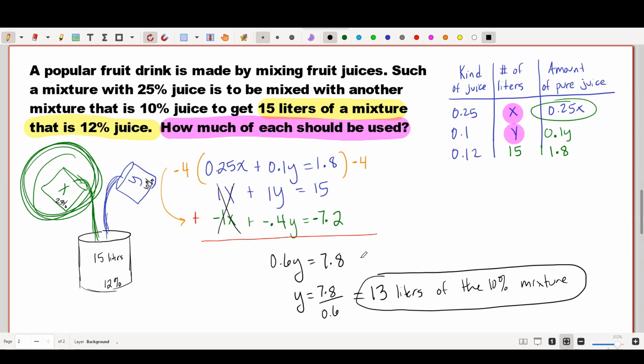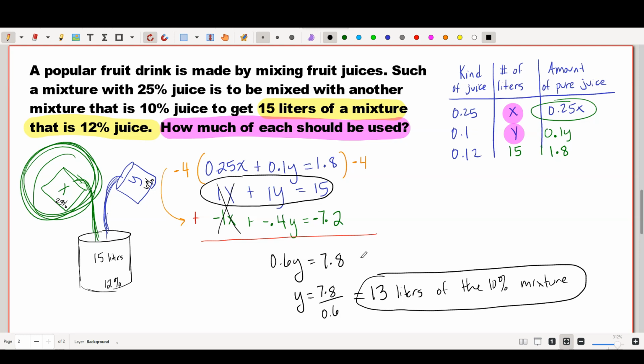We say, well, what about x? Well, just go back to one of our equations up here. We'll go back to this one right here. We know that x plus y is 15. We know that we have to make 15 liters. So if I pour 13 from this second solution, that means of the first solution I have to use only 2 liters.